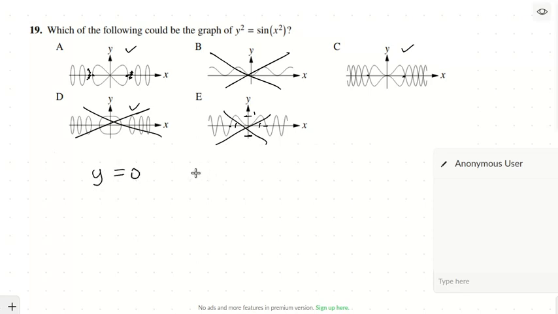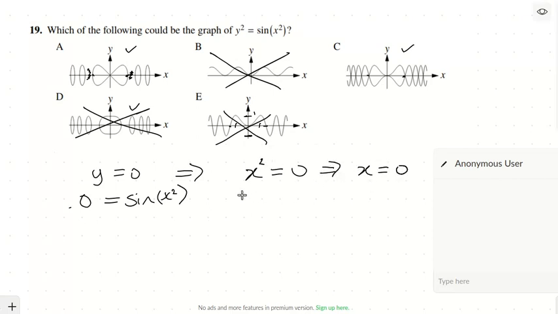Now, if y is 0, then sure, x can be 0, because you've got 0 equals sine of x squared. But then you've also got, whenever you do inverse sine, x squared equals 0, so x is 0. Remember, when you do inverse sine of 0, you get 0 or pi or 2 pi and so on and so forth.